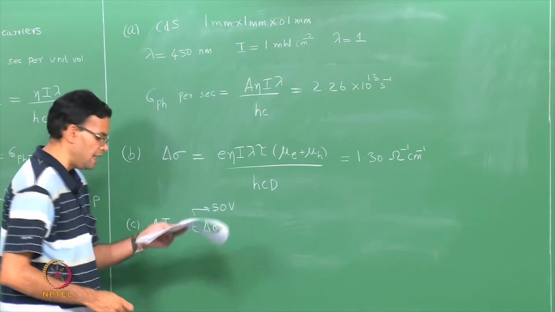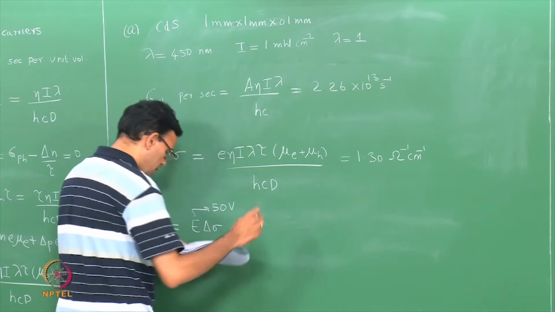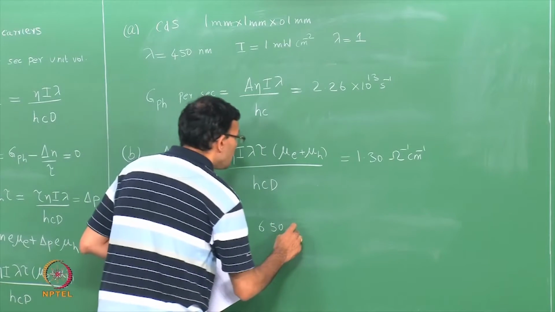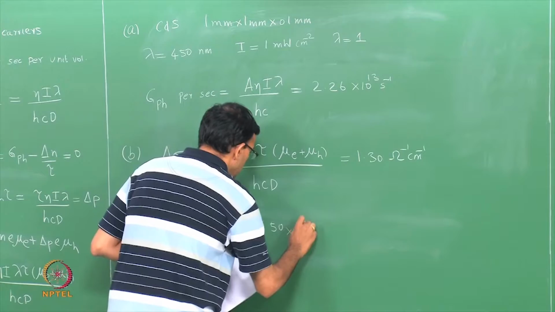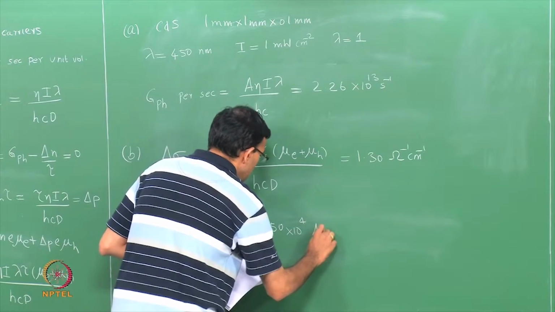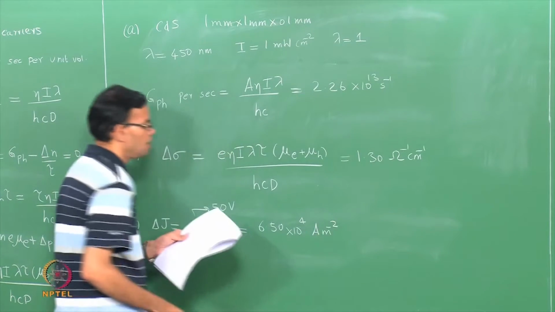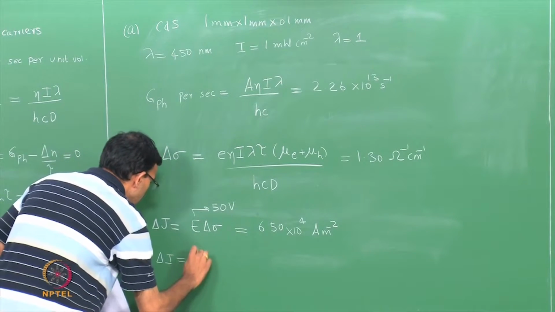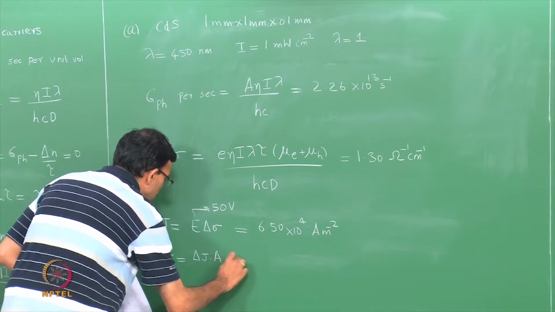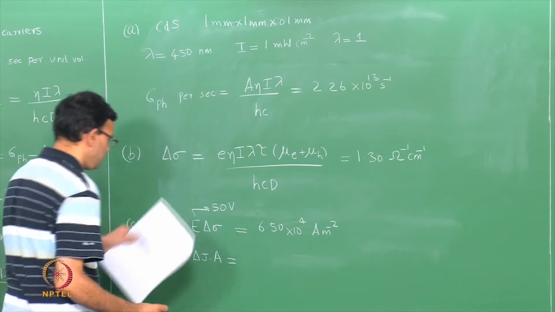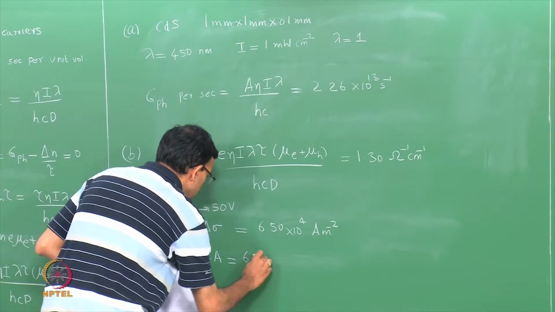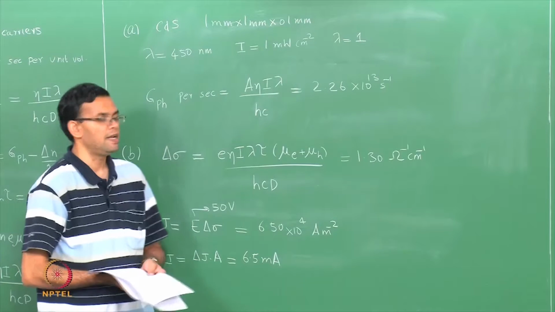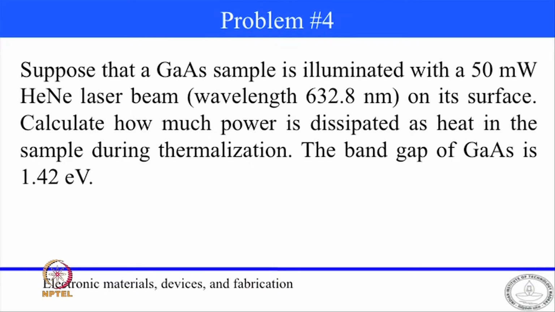So, we can calculate delta J. This works out to be 6.50 times 10 to the 4 amperes per meter square. To calculate the current, delta I is nothing but delta J times the cross sectional area A. This is 6.5 milliamperes. So, let us now go to problem 4.